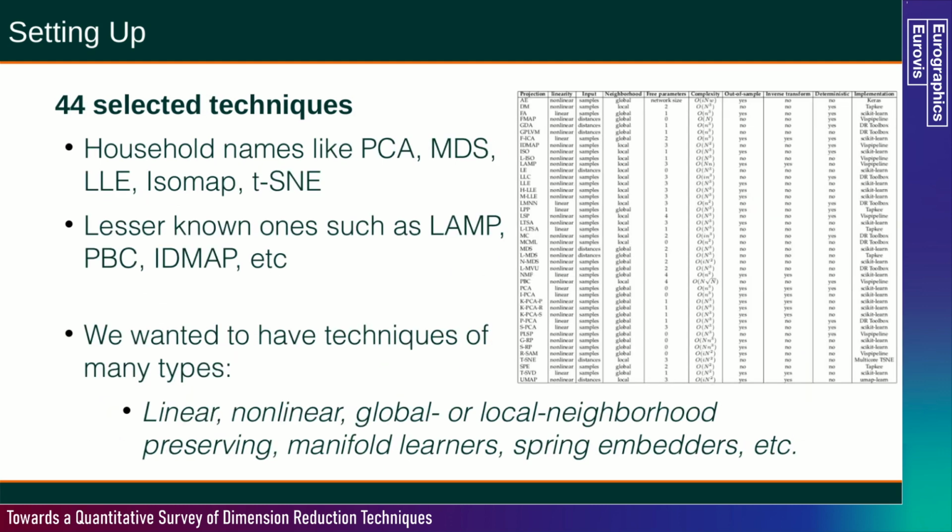We ended up with 44 selected techniques, with some household names like PCA, MDS, LLE, ISOMAP, t-SNE, UMAP, and others, and some lesser known ones. The idea was to be comprehensive, so we wanted to have techniques of many types: linear, nonlinear, global, local, manifold learners, big embedders, and so on.